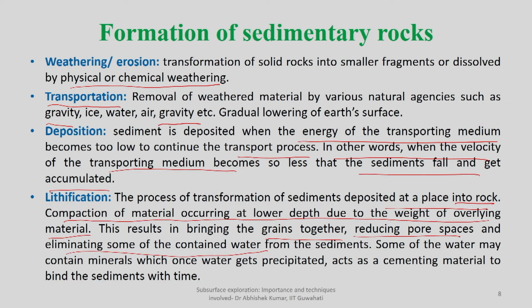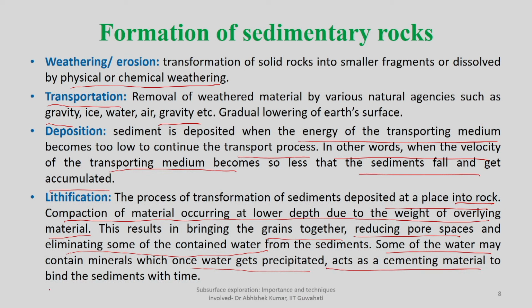First, it will reduce the porosity, and second, it will reduce the moisture content of the material, and some of the water may contain minerals which precipitate once the water goes out. There is always water mixed with minerals. So once water goes out, it will precipitate those minerals into the soil, and that soil will transform into rock.